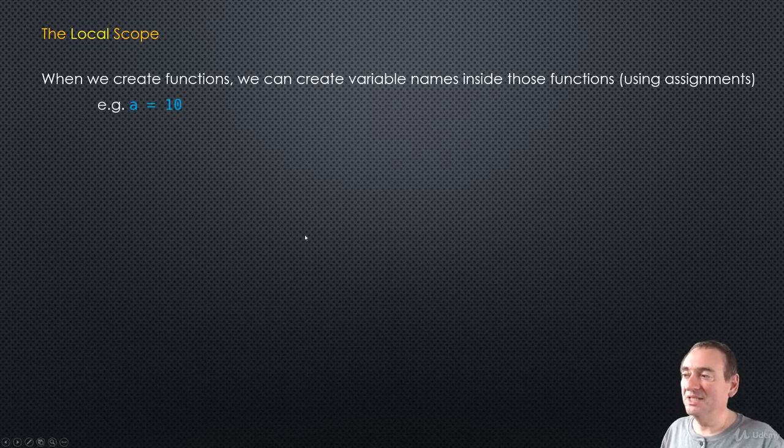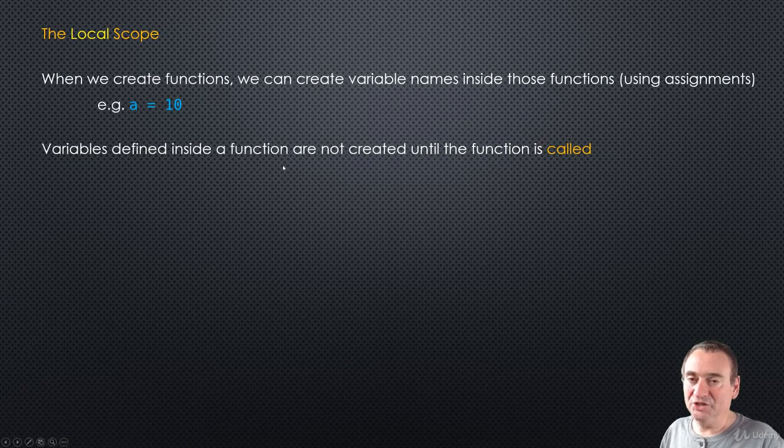So for example, when we say a equals 10, well, variables defined inside a function are not created until the function is called. Because remember, how does it work when you have a def, let's say, in a module, and you load up the module? Python goes through and it basically compiles everything. So it finds your function.